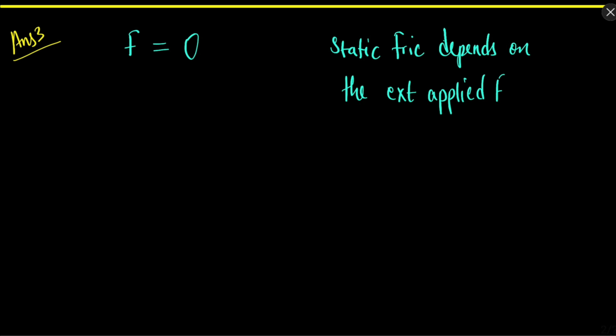And let's say the static friction's maximum value is 3 Newton. Up till 3 Newton the static friction will be there according to the applied force. If you apply 1 Newton force, static friction will be 1 Newton. If you apply 2.2 Newton force, static friction will be 2.2 Newton. So the static frictional force depends on the applied force. As the applied force is 0 here, the static frictional force will be 0.